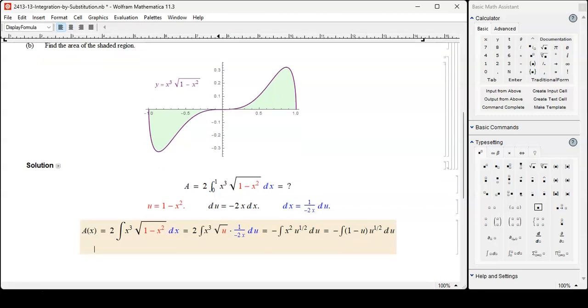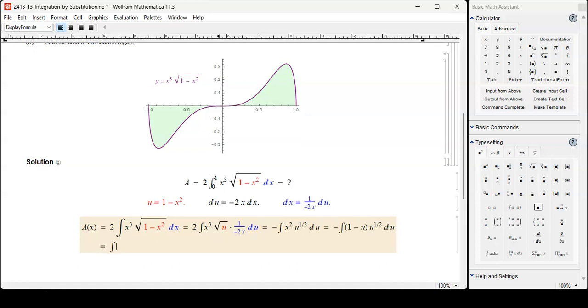It becomes the integral of u minus 1 times u to the 1/2 power du, because if I distribute this negative sign, we'll have a sign change. So that's the integral of u to the 3/2 power minus u to the 1/2 power.